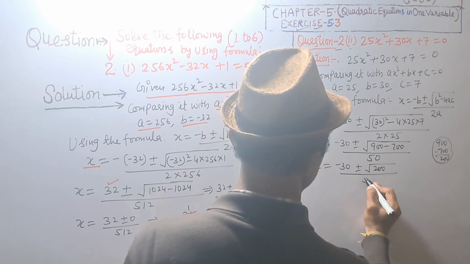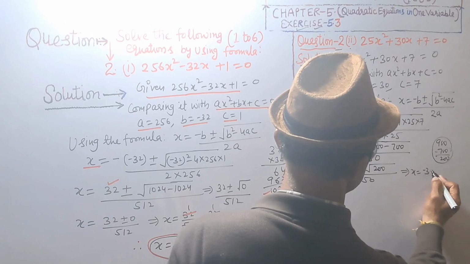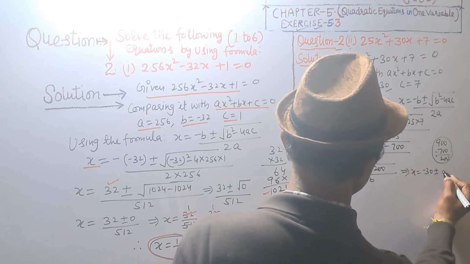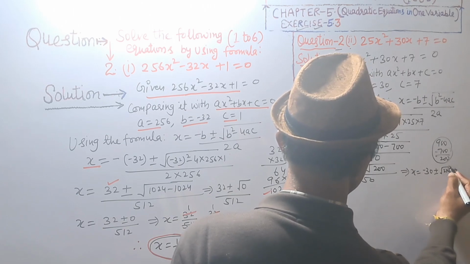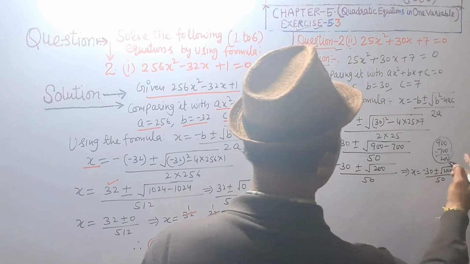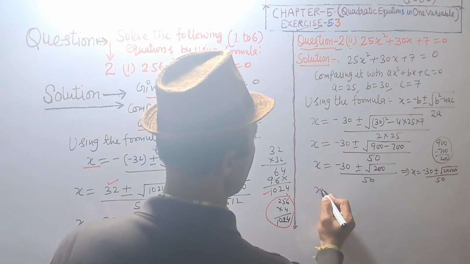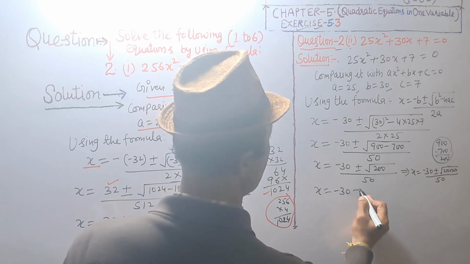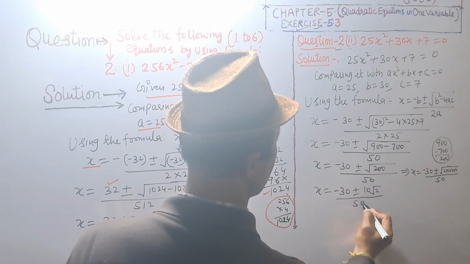This implies x is equal to minus 30 plus minus 200, can we write it as 2 into 10 into 10 divided by 50, and one pair of that is 10, one pair of root is taken common and we get the value of x equal to minus 30 plus minus 10 root 2 divided by 50.